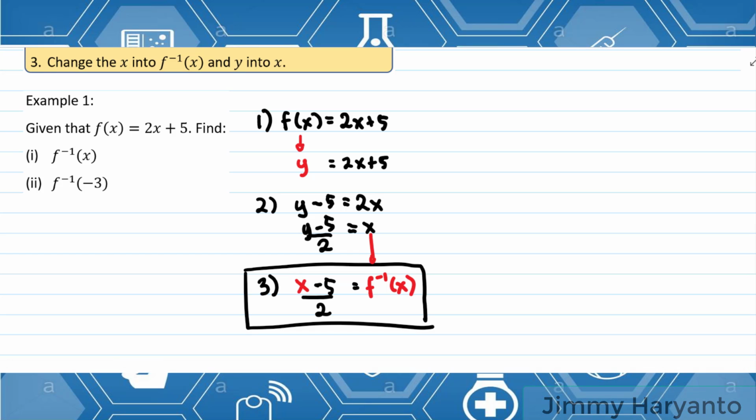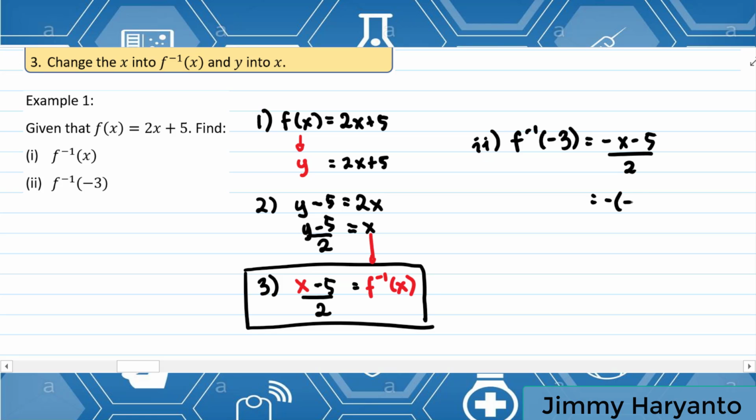And then the second question, we have to calculate f⁻¹(-3). That means you have to put negative 3 into the f⁻¹, so (-3 - 5)/2 = -8/2 = -4.